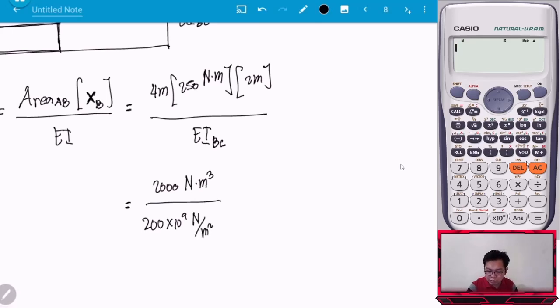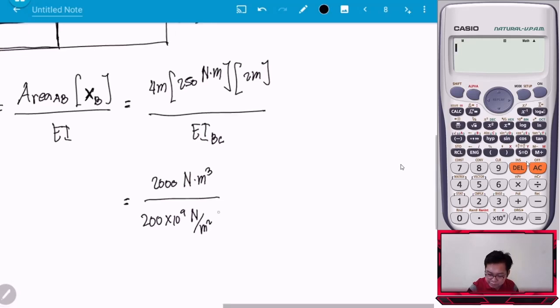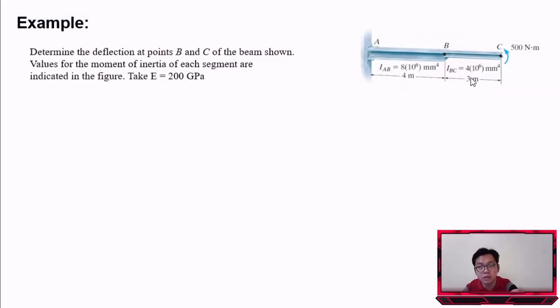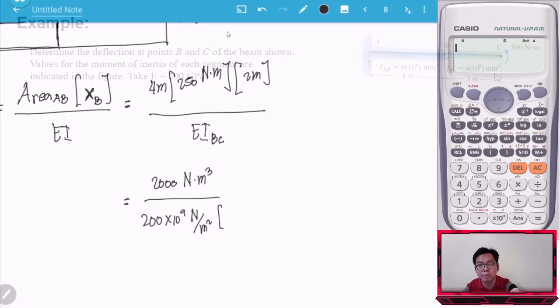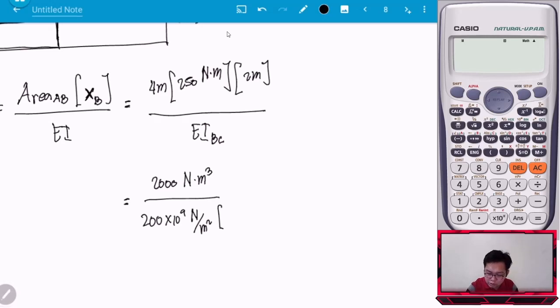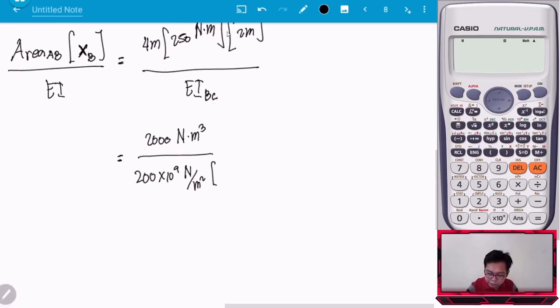Okay? And then, I'll multiply that by, ano yung I_BC natin from the figure? Ang I_BC natin is 4 times 10 to the 6 mm to the power 4. So, ang gagawin ko, guys, i-convert ko na lang muna into meter yung mm.